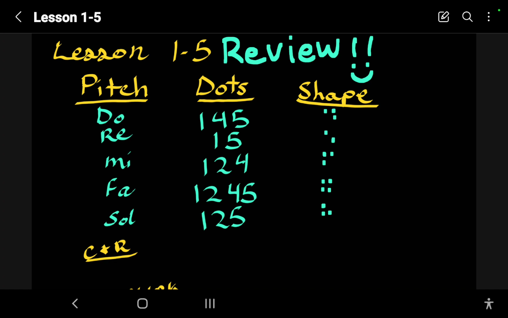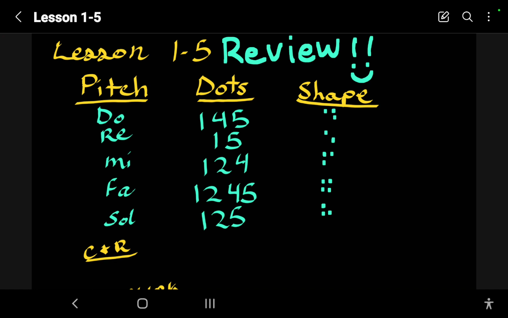And then the last column we have are the actual shapes of what each of these dot patterns look like in Braille. And in the last couple lessons, I've linked the alphabetic letters to some of these Braille shapes for learning how to memorize them.